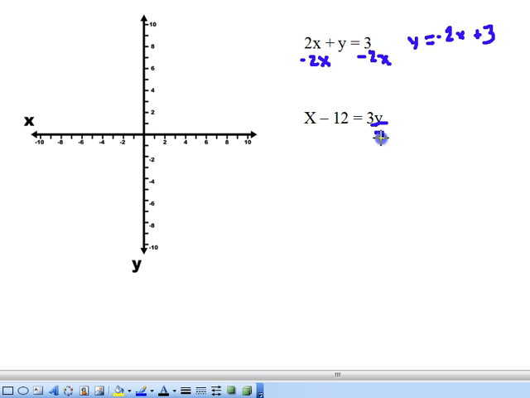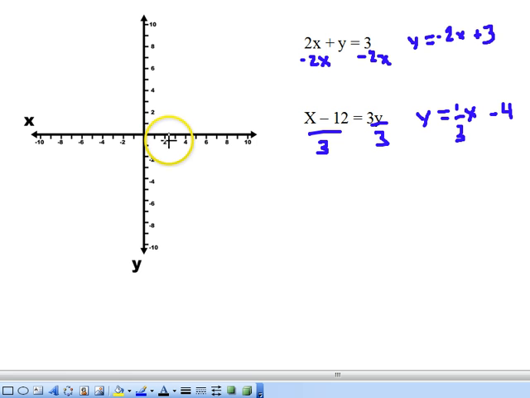Now for this one, we need to get the y by itself, so we can just divide both sides of the equation by 3, and we're going to flip it around, so we would get y equals 1/3 x, and then negative 12 divided by 3 is going to be a negative 4, minus 4.